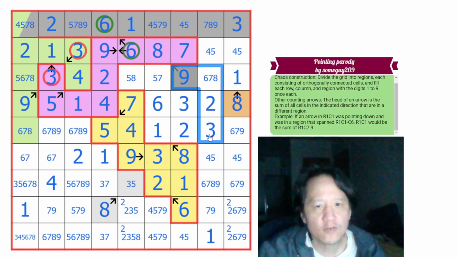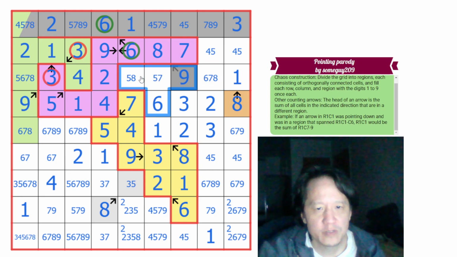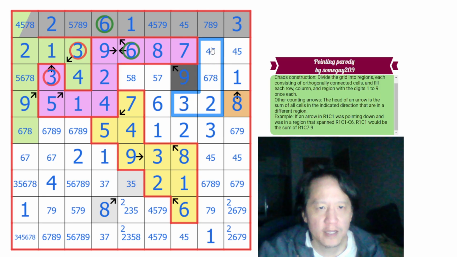Can this 9 ever be part of this 3? No, right? If it tried to, I guess it could be something like this. But then where does this 3 get a 9? It can't get any from here because it's not part of gray. I guess it could go this way. Yeah, that's possible.